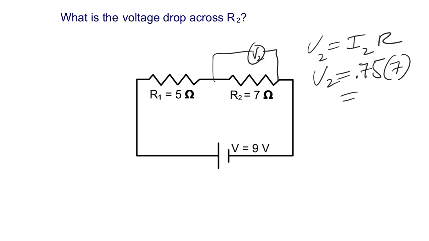So V2 comes out to be negative 0.75 times 7, which is 5.25. It's negative because it's a voltage drop. Now, if you recall, V1 was 3.75.